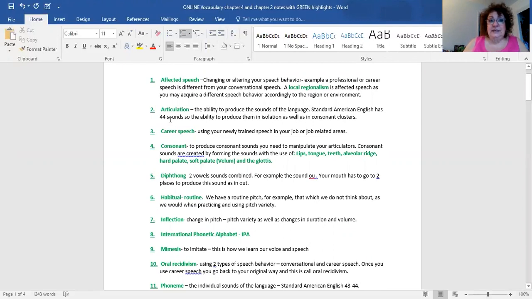The next is articulation. We did cover in the beginning that diction and articulation are synonymous, and it is the ability to produce the sounds of the language. So in this class, we're perfecting our standard American English sounds. We know that there's 43 to 44 sounds, because the WH sound in our course will be produced as a W sound, which is W. Okay, so there's 43.